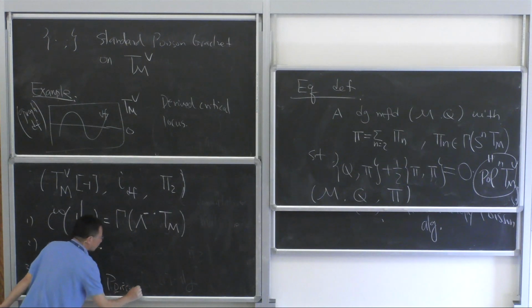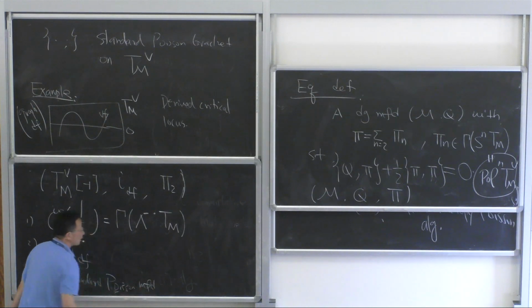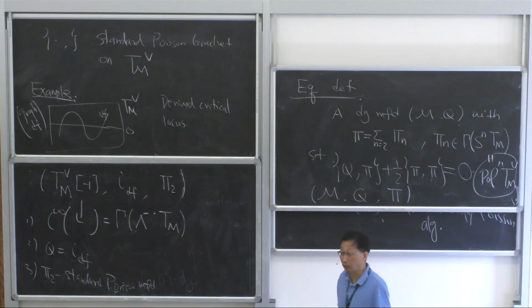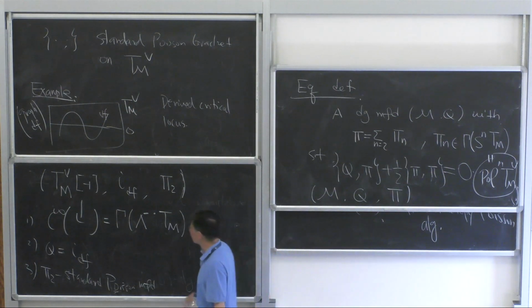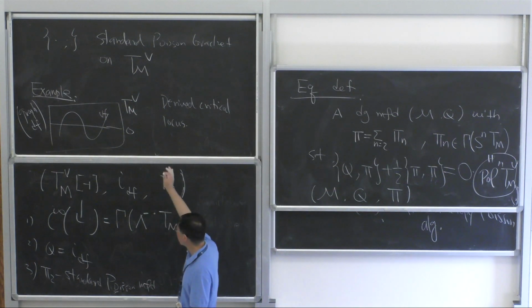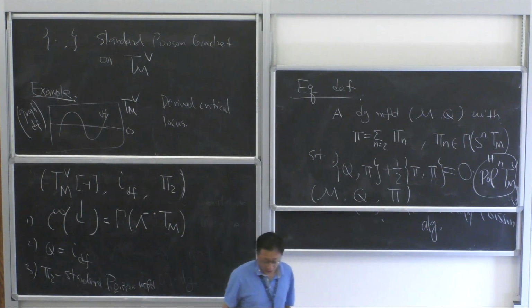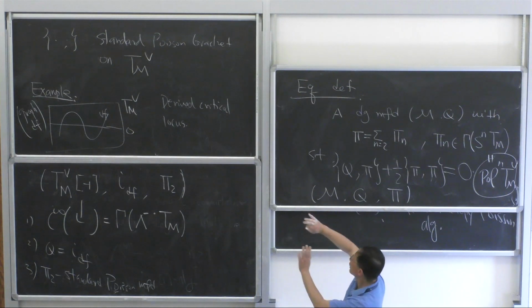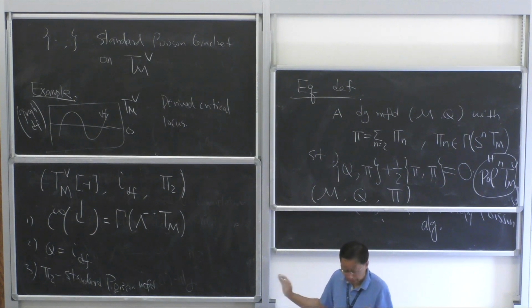So this is a baby example of derived critical loci, derived intersections. In fact, Behrend and Ciocan-Fontanine, I think more than 10 years ago, did a derived intersection of Lagrangians, which is in the holomorphic context, I guess.